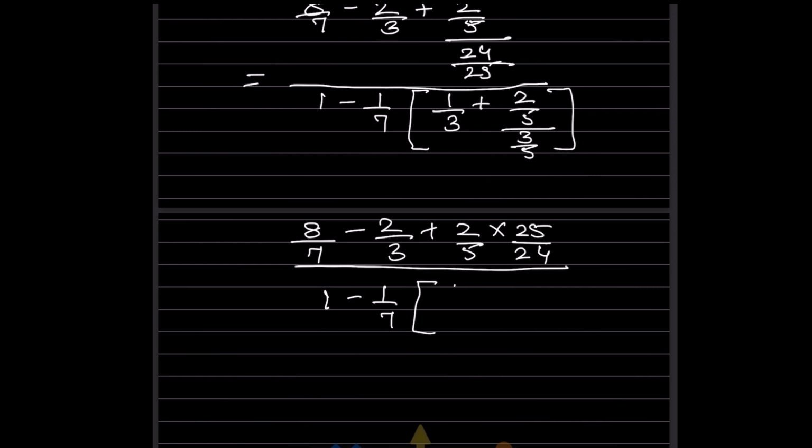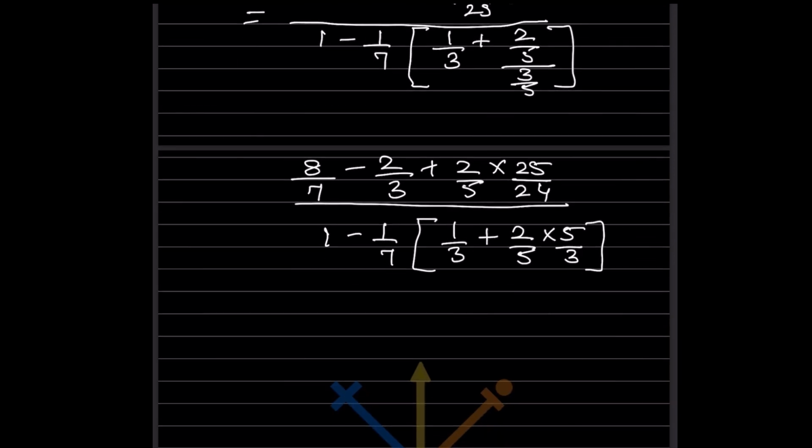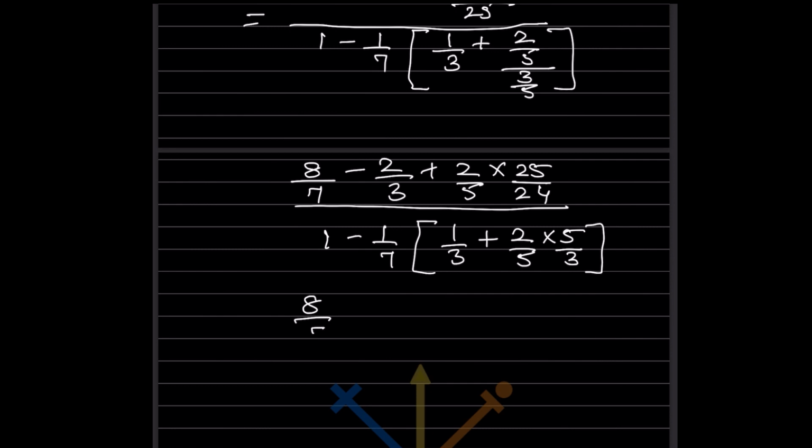And here 1 by 3 plus, again this is the numerator and this is the denominator, and the denominator should be flipped over. So that is going to be 2 by 5 into 5 by 3. Now 8 by 7 minus 2 by 3 as it is. Now this can be done as 5 ones are 5, 5 fives are 25, 2 ones are 2, 12 twos are 24. So this is plus 5 by 12.